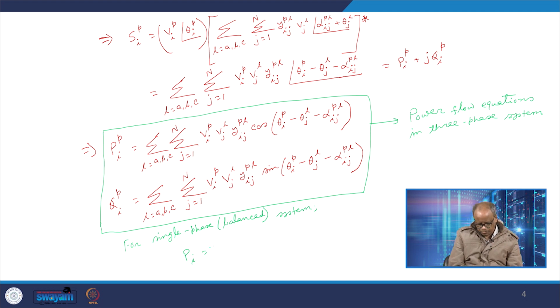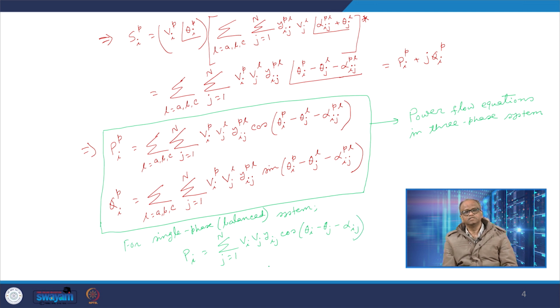So it is simply given by Pi is equal to sum over j equal to 1 to N of Vi Vj Yij cosine of theta i minus theta j minus alpha ij.